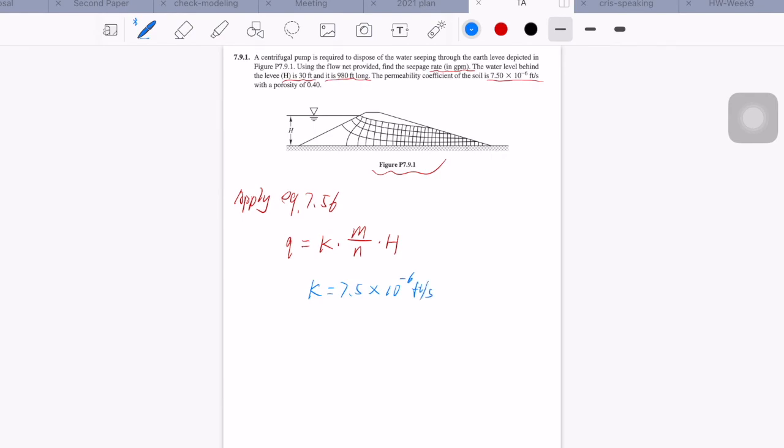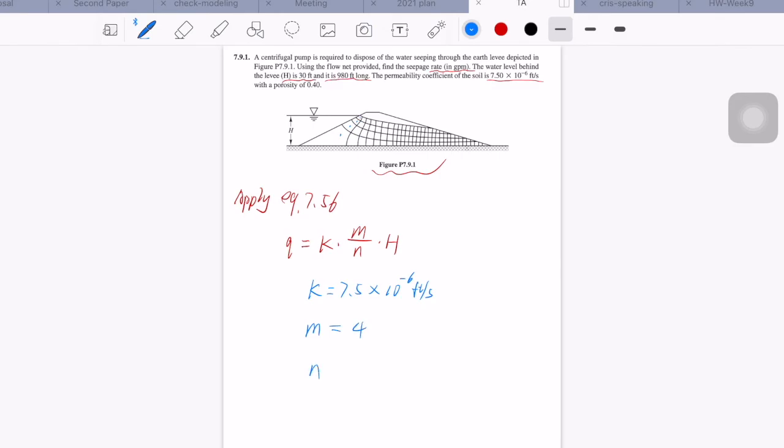And the M is the number of flow channels. So from the figure, the M should be equal to 1, 2, 3, 4. So we can determine that the M is 4.